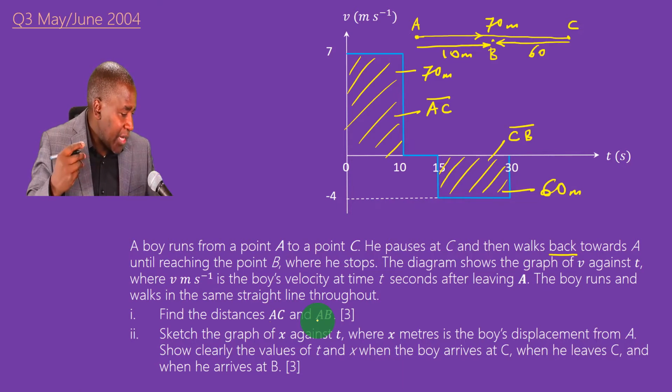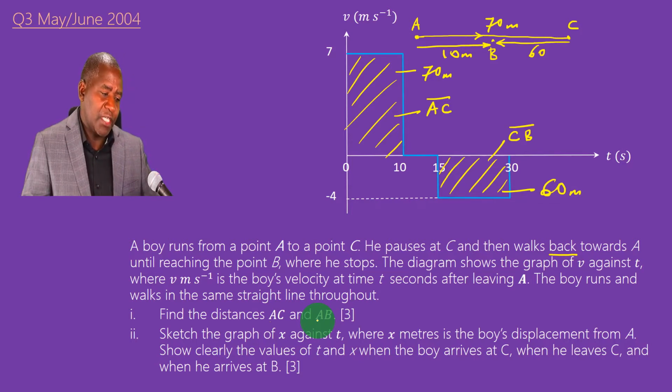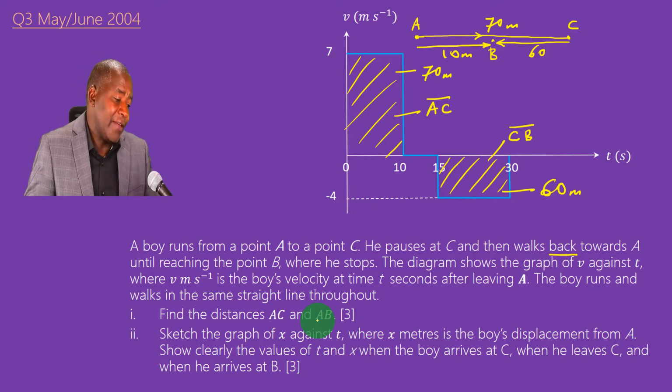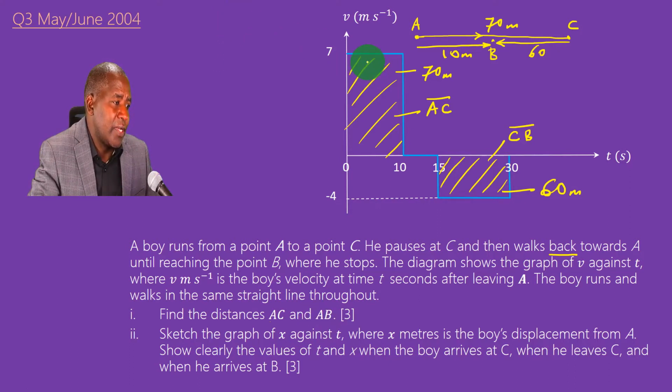Now, we are asked to sketch the graph of x against t, where x meters is the boy's displacement from A. Show clearly the values of t and x when the boy arrives at C, when he leaves C, and when he arrives at B. So let's appreciate the fact that when he starts from A to point C, he runs with uniform velocity.